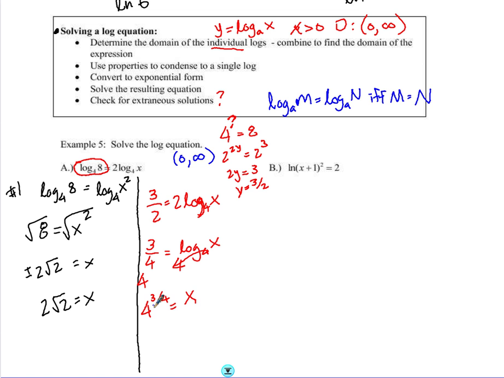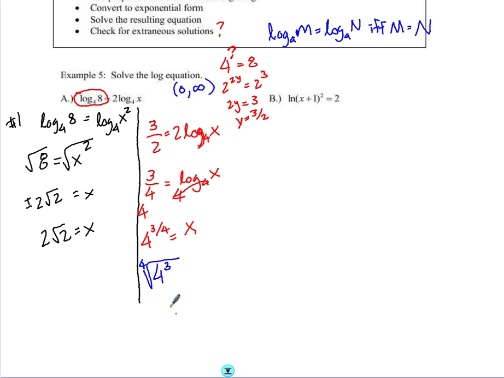If I rewrite this as the 4th root of 4 to the 3rd power, and then break 4 to the 3rd down into 2 squared times 3, that's really 2 to the 6th power. Now I have the 4th root of 2 to the 6th, and I take 4 of them out to match my 4 for the radical.